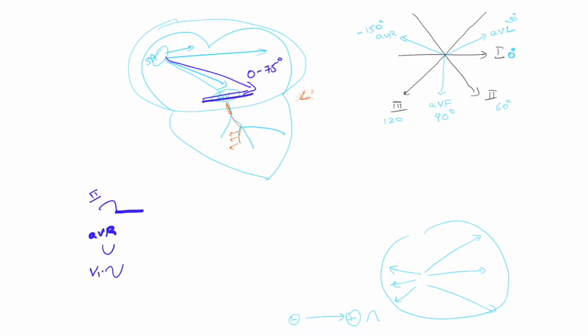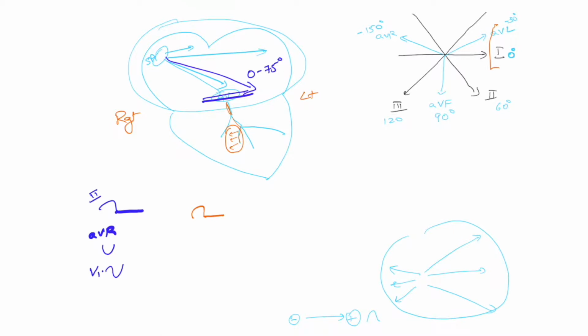So this would be from the left to the right. Notice how the wave of depolarization is going from the left to the right. If you think about it, we mentioned that lead 1 and AVL are facing towards the lateral side and they're leftward facing. So let's go ahead and draw this out again. You have the P wave and then a flat line.